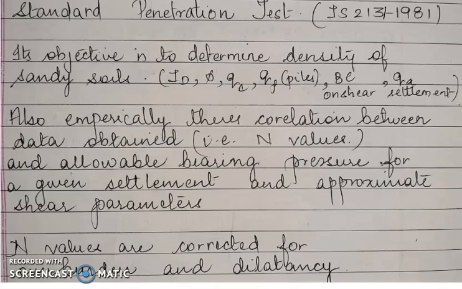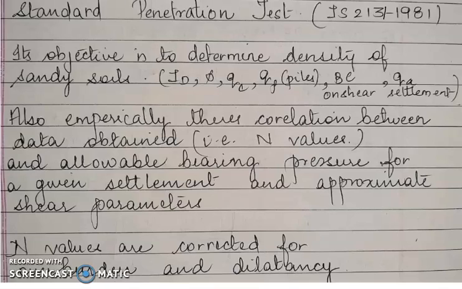Now, in this video, what we are trying to understand is these number of blows, which are represented as N values. How do you have a relation between these N values and the bearing capacity? The first thing is that the N values which we get from the test procedures need to be corrected, and we are going to understand what these corrections are.